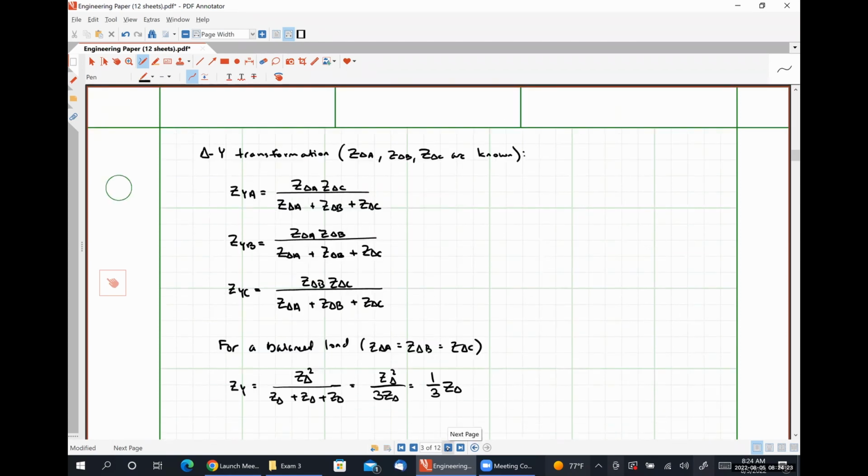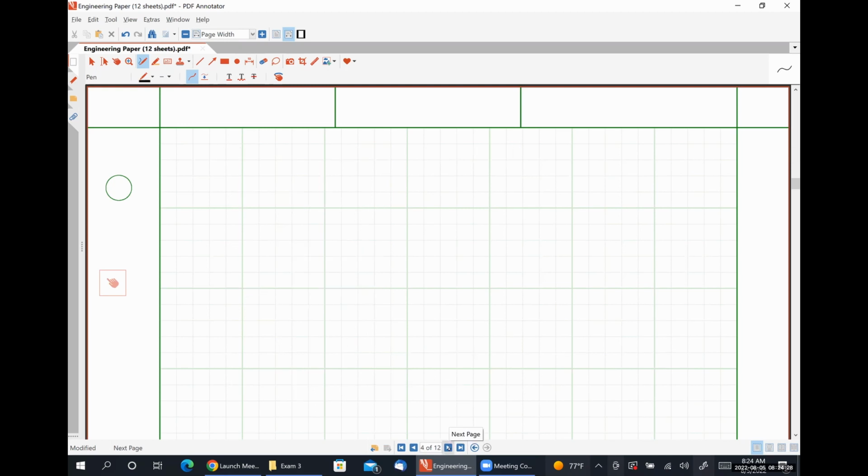We're going to work a couple of example problems here. So our goal is to analyze the following balanced 3-phase delta Y system.